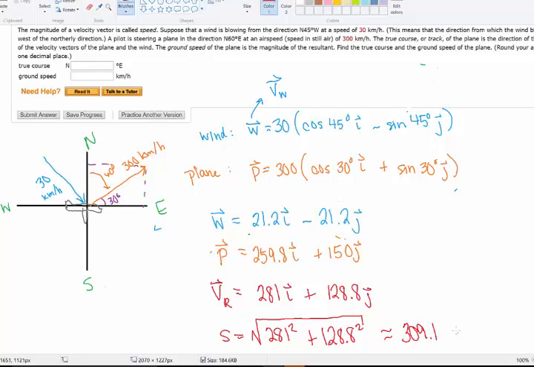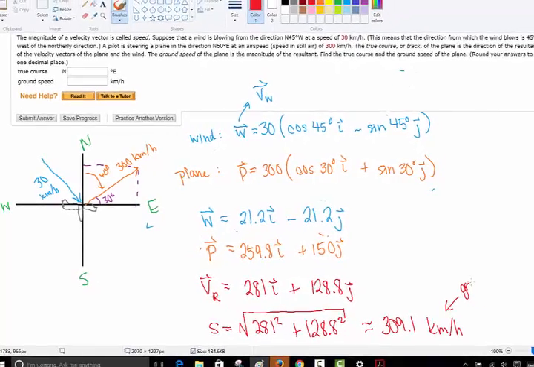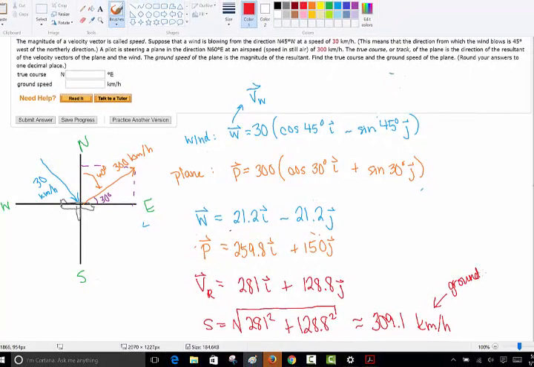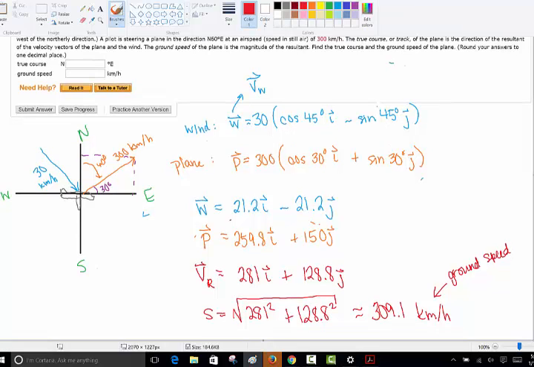And that would be kilometers per hour. So this is the ground speed. And then the true course. True course is really the direction it's heading.